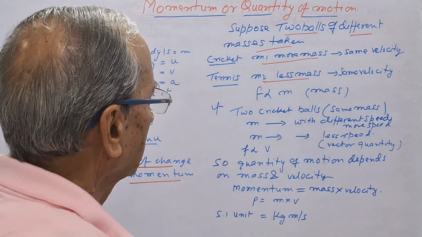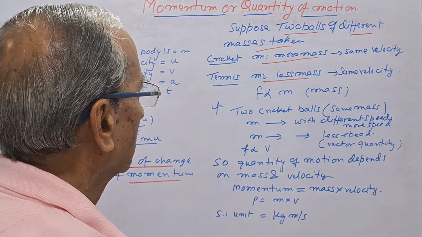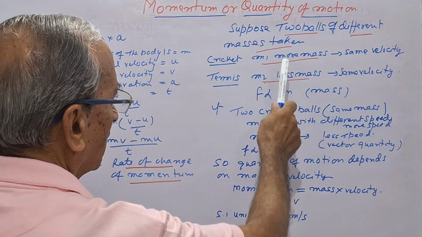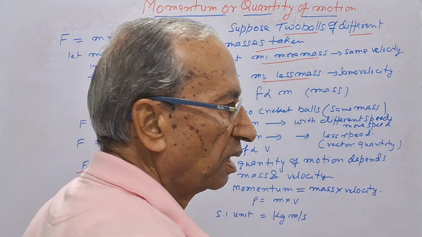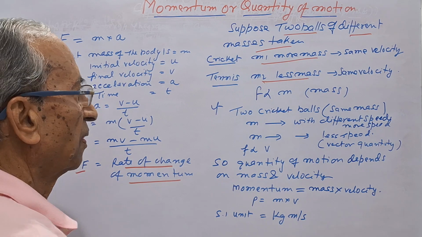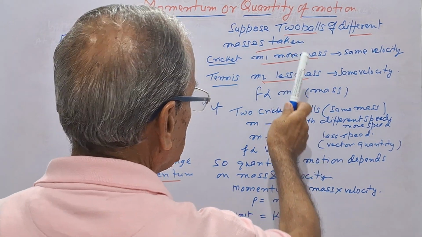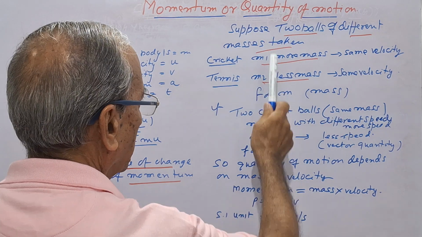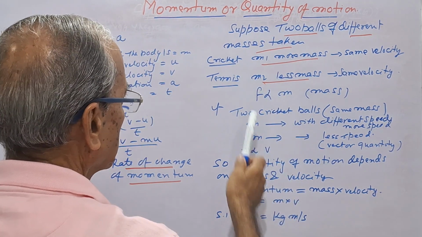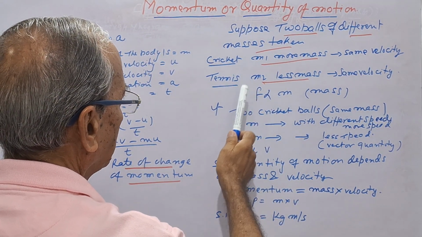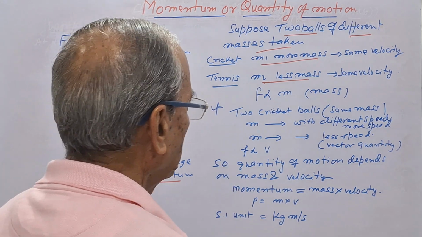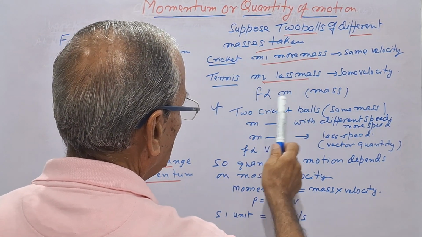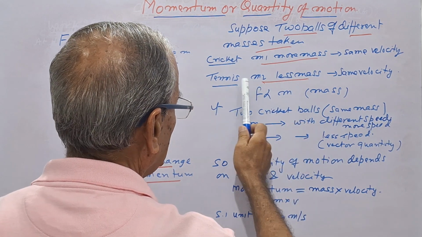This we can explain by taking an example of two balls of different masses or of the same masses. In the first case, if we take two balls whose masses are m1 and m2, suppose one is a cricket ball, the other is a tennis ball. m1 is the larger mass of the cricket ball, m2 is the smaller mass of the tennis ball.